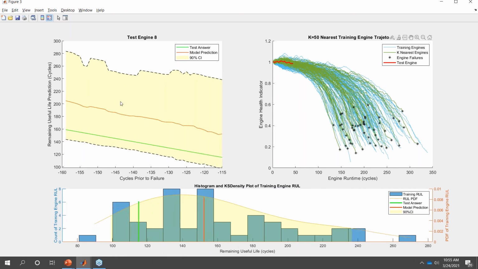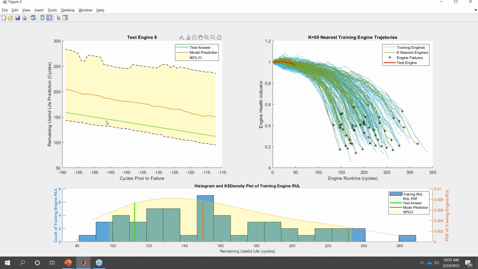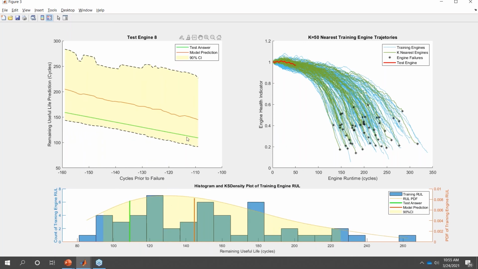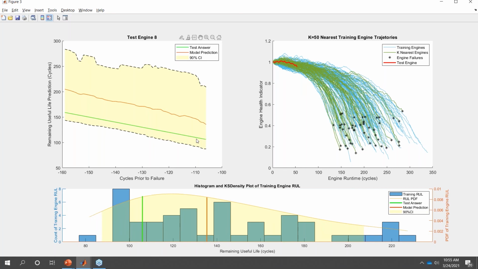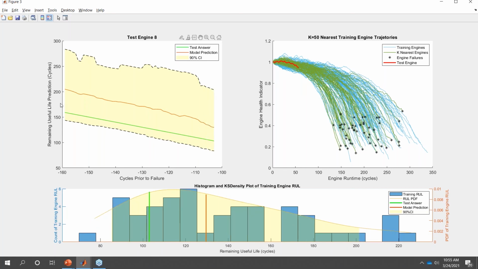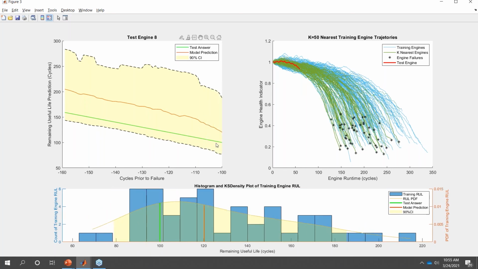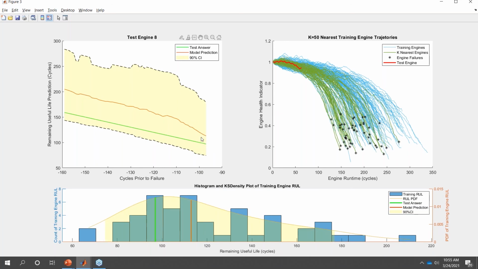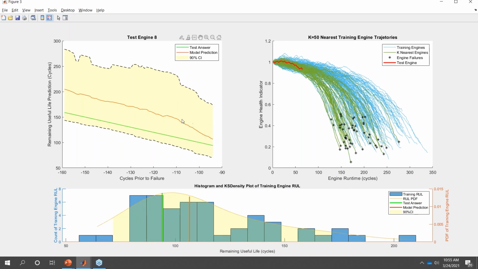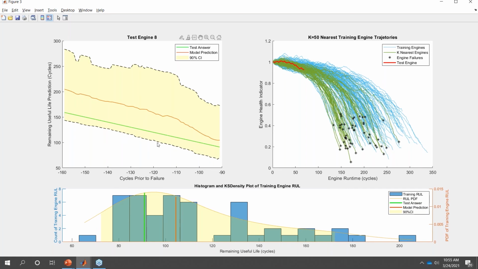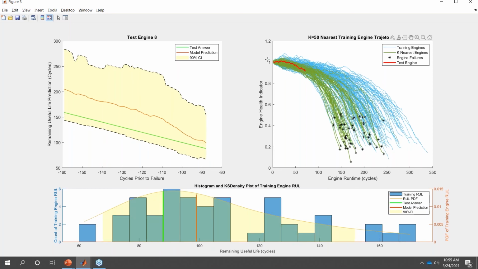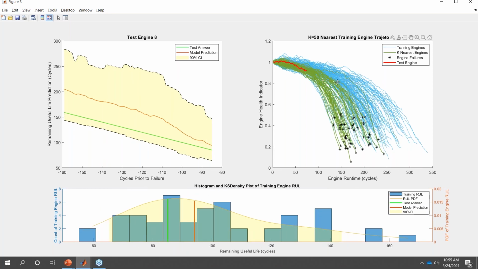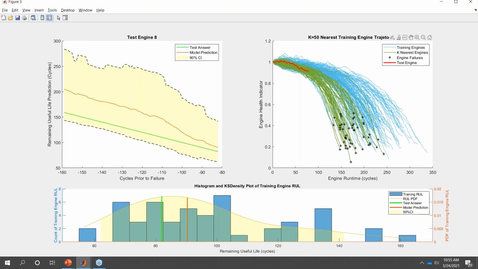Now, the left one here, this is the actual estimation. This is the estimation of how long we have until it fails, along with some confidence intervals for it. So the green is the actual value of how long it has until it fails. Red is the estimated, and we can see that we're starting to converge now as we have more of the time series being populated.